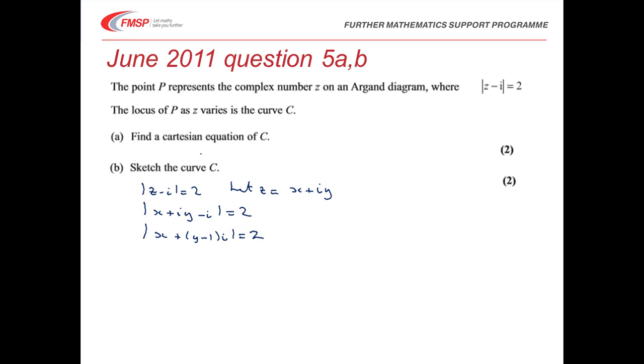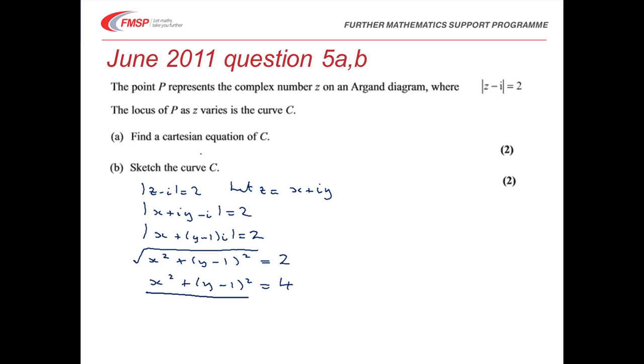Now when we take the modulus of this complex number using our traditional method, we get the square root of x squared plus (y minus 1) squared is 2. Squaring both sides, we get x squared plus (y minus 1) squared is 4.